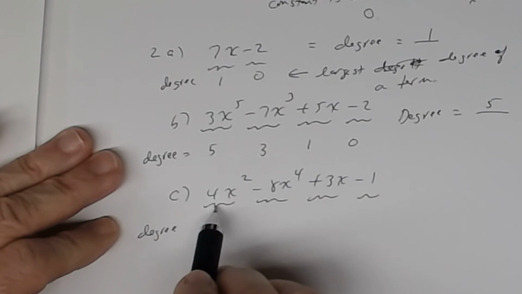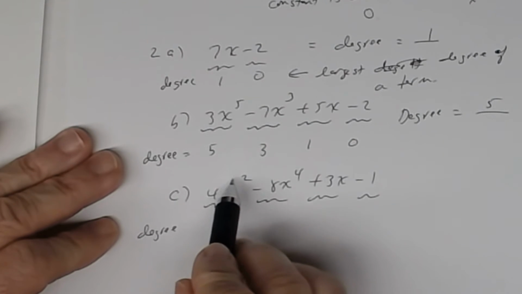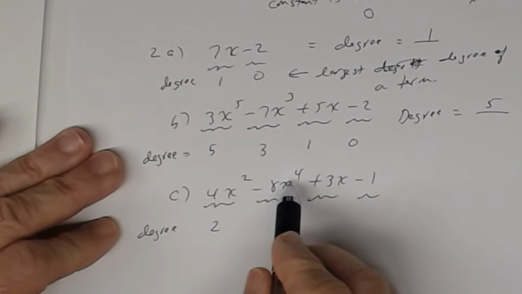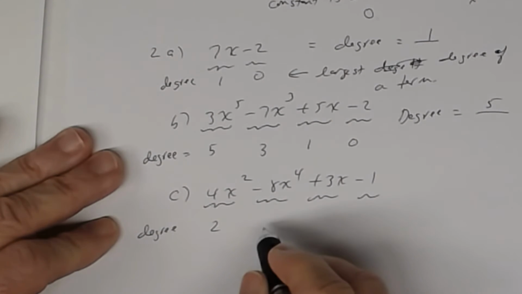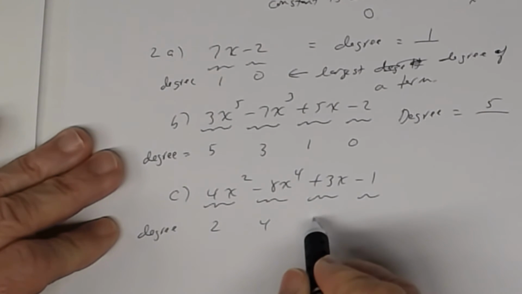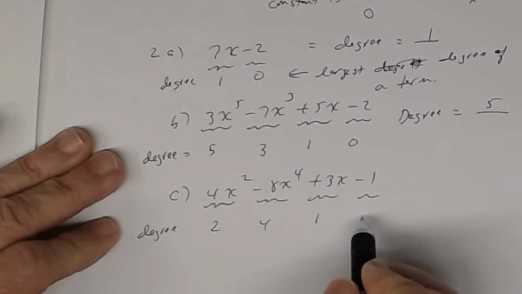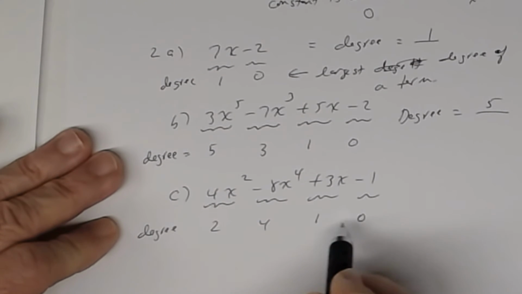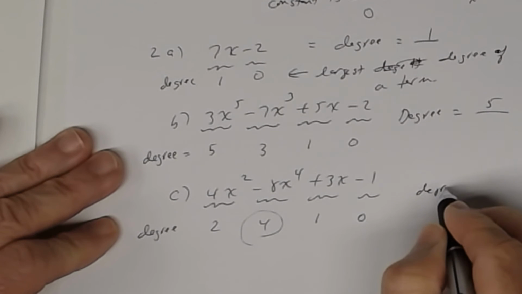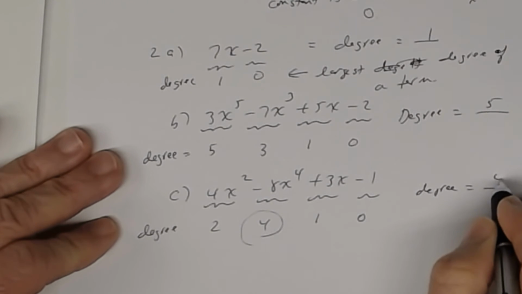The degree of the first term, 4x squared, is 2. The degree of that second term, negative 8x to the fourth, is 4. The degree of that third term, 3x to the first, is 1. The degree of a constant is 0. What's the largest number you see? The largest number you see is 4. So the degree of the polynomial is 4.